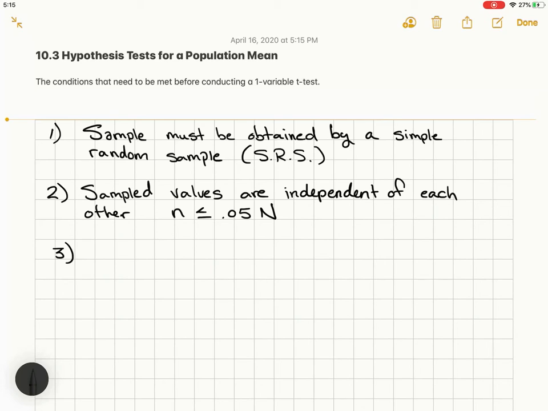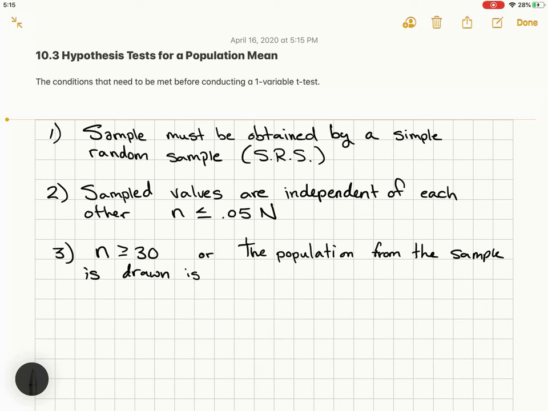And finally, you need a large enough sample, which is usually, we say, at least 30, or the population from which the sample is drawn is already normally distributed.